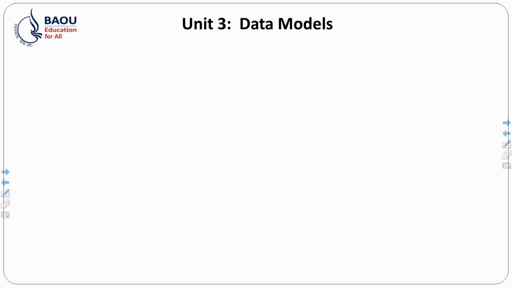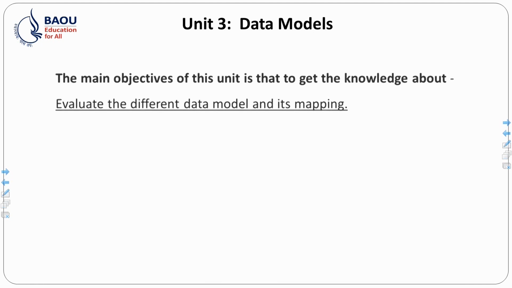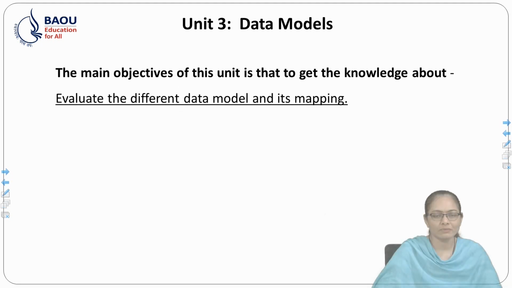Now, in today's session, we are going to start with Block 1, Unit 3, which is the data model. The main objective of this unit is to get the knowledge to evaluate the different data models and their mapping.